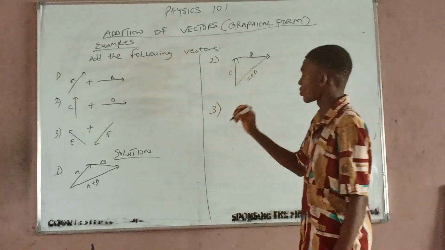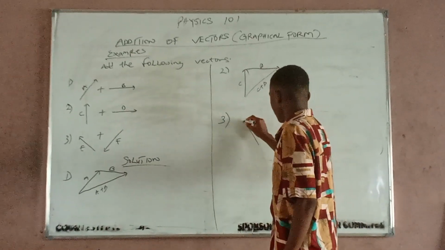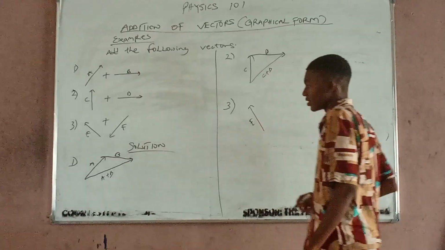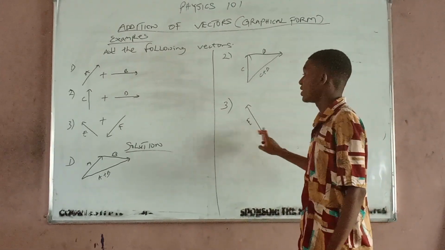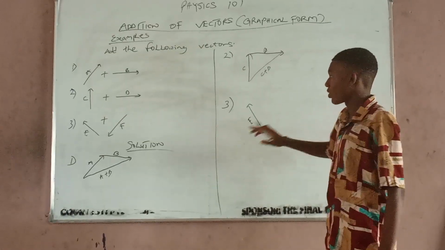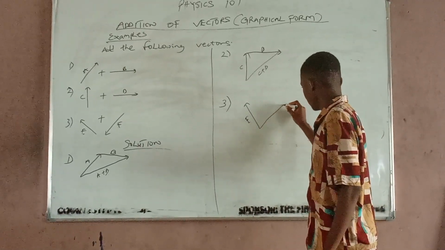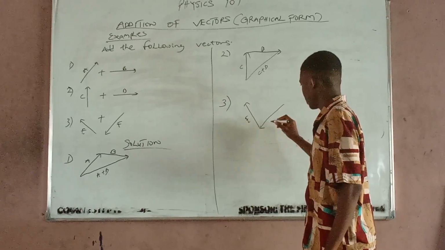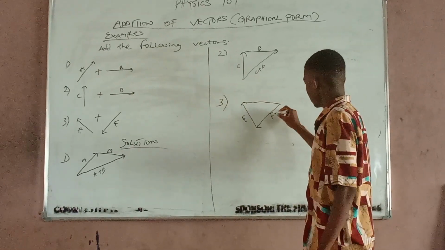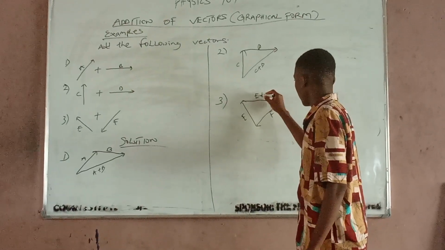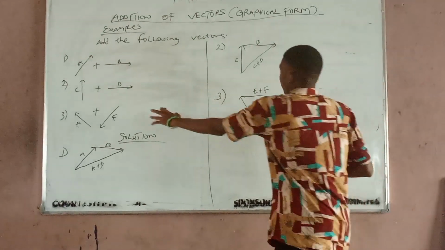Now for the third question, we have vector E first. The same principle, head to tail. So now this is the tail of vector F. Add it to the head of vector E. Join it together. This is E plus F.